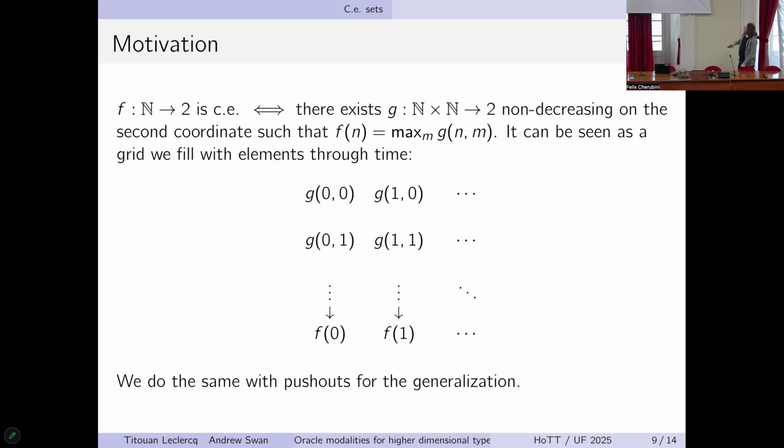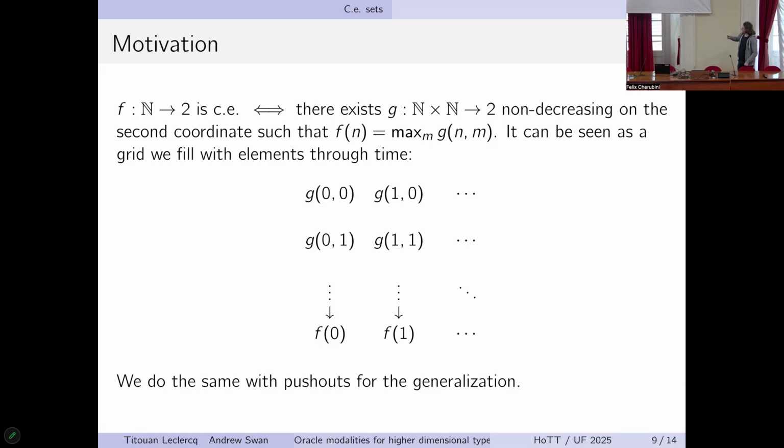I put both, but only one of the two would give an equivalent definition. This is what happens if we want to construct a set, and we can see it as at each step of time, we decide that we add some elements in our final subset.